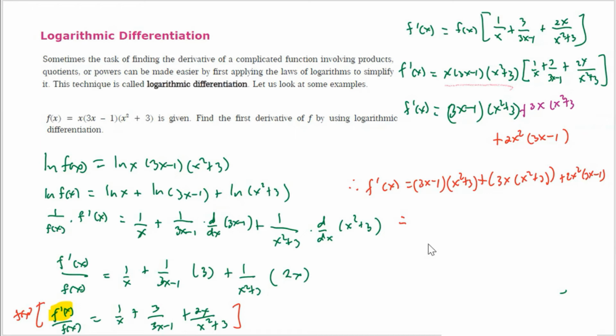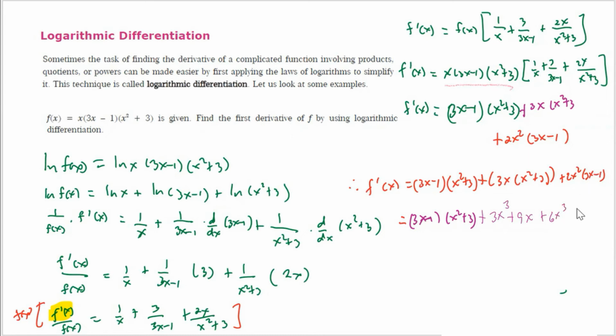So our answer now becomes 3x minus 1 times x squared plus 3, and then the second term, plus, multiplying that one using the distributive property: 3x times x squared is 3x cubed, plus 3x times 3 is 9x, plus the third term, using the distributive property, we can write now as 6x cubed.